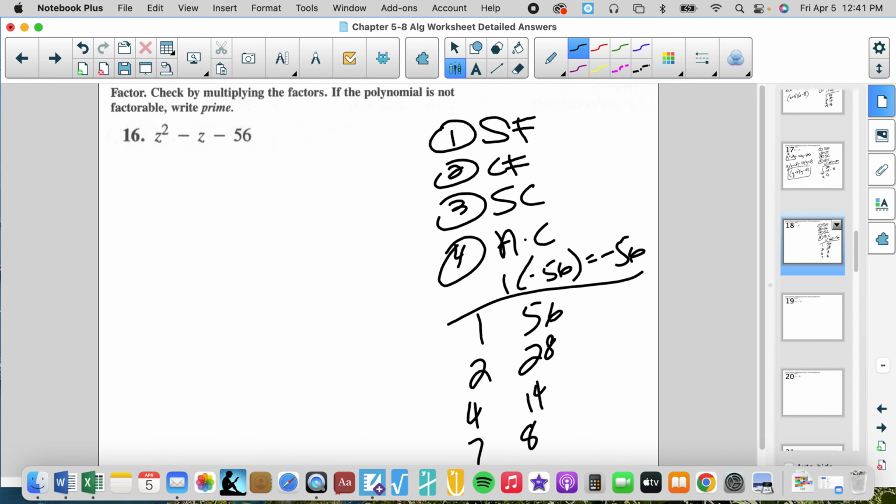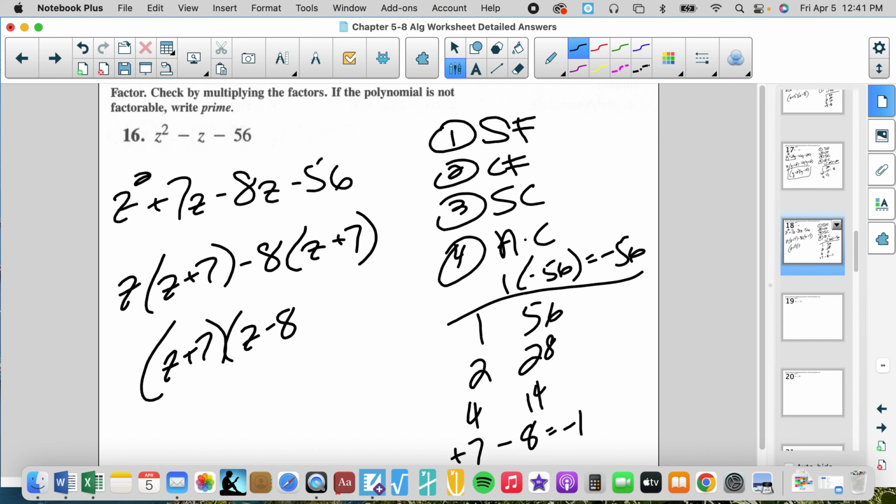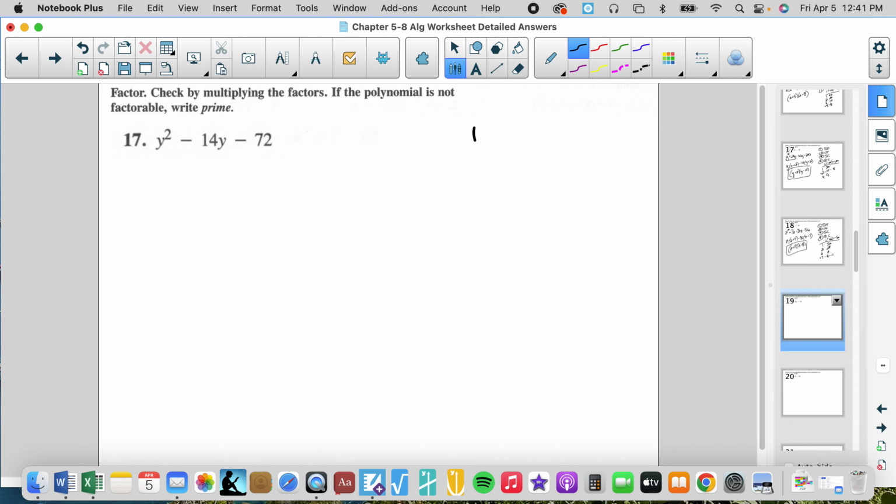And there it is. Bigger, smaller, negative 1. z squared plus 7z minus 8z minus 56. z plus 7, minus 8. z plus 7, z minus 8 is my solution.